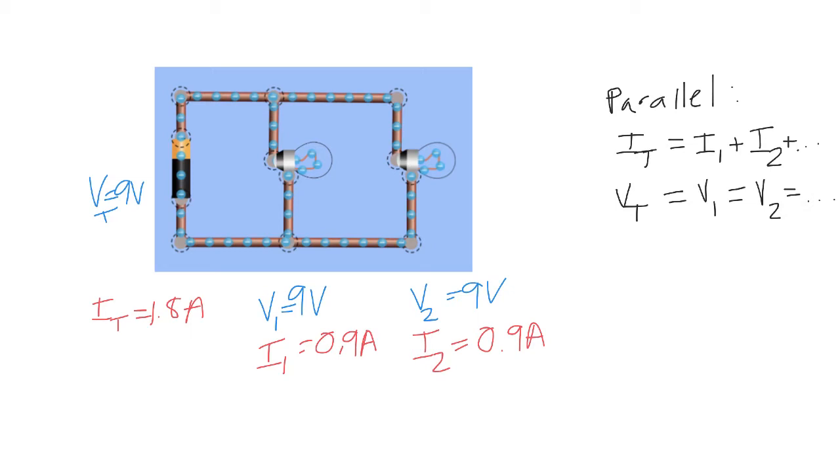And then the resistance is a little bit of a tricky one. It's 1 over the total resistance is equal to 1 over that first resistance plus 1 over the second, plus 1 over any other resistances that you might have.